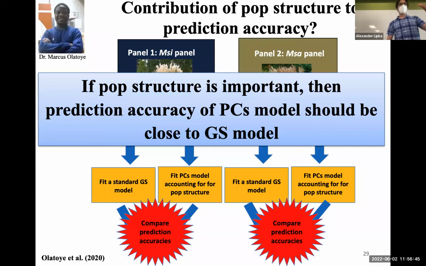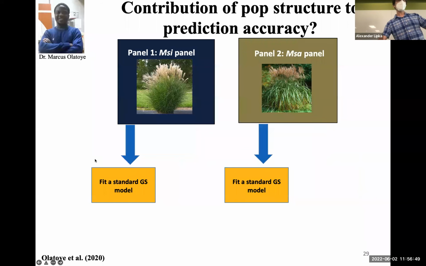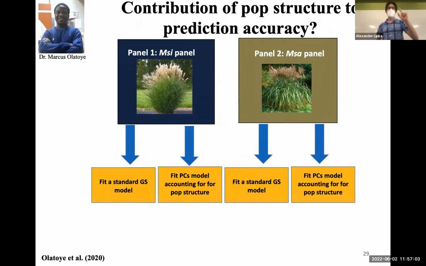Let's say that we fit a model like our standard GS model. That's like our blunt model that I showed you, which is just accounting for all the genetic signals throughout the genome, everything including the kitchen sink. We'll compare that model to another model that is tailor fitted to account for only population structure.